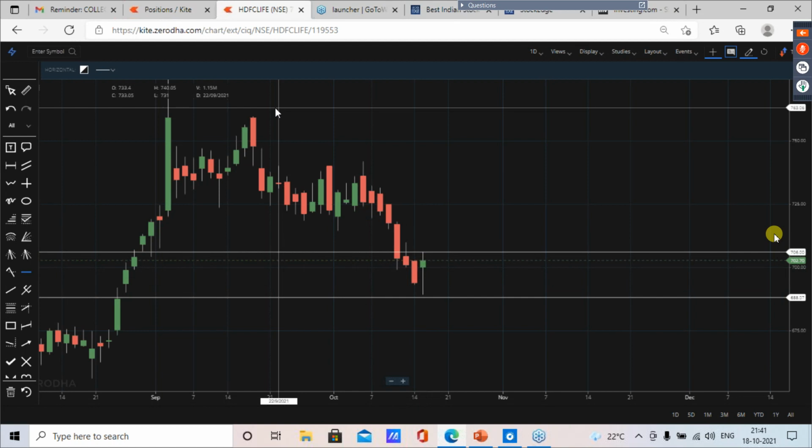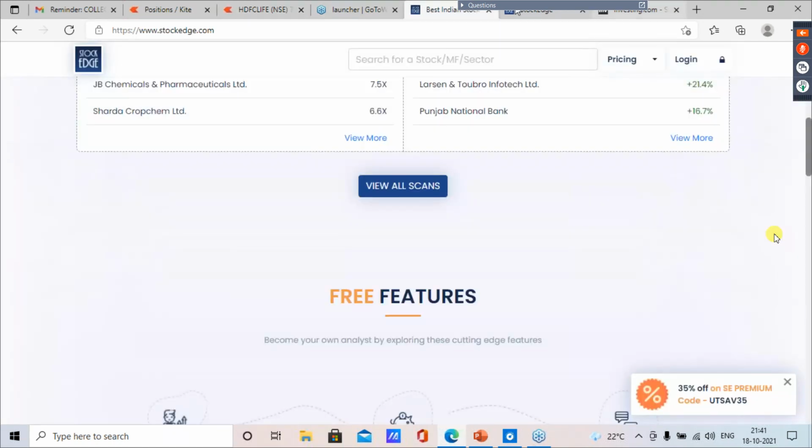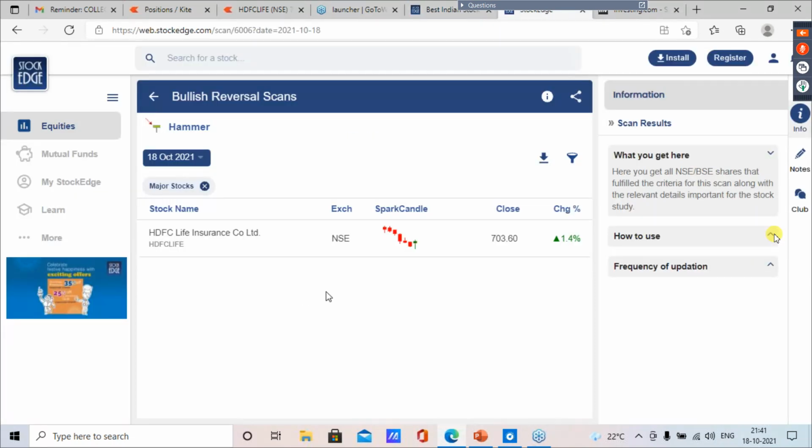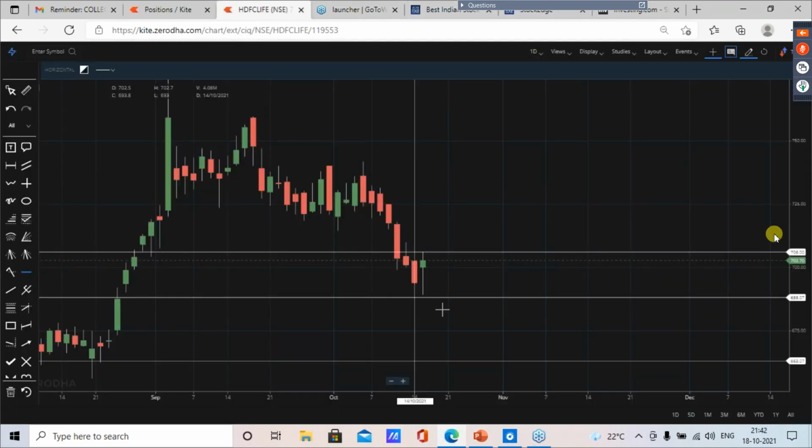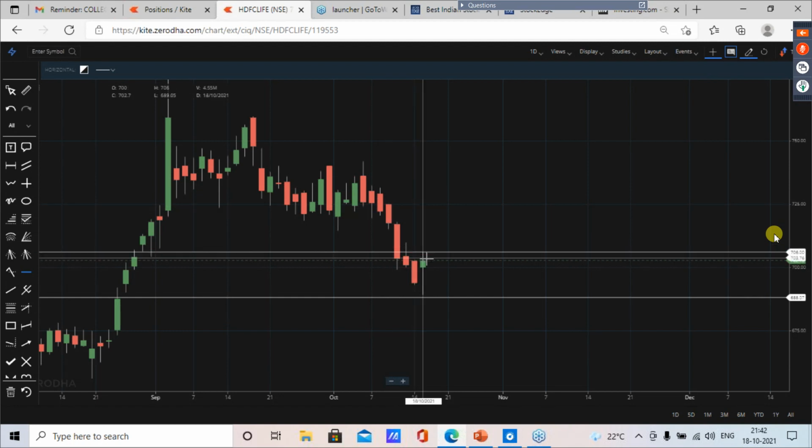First of all, based on the app, we got this information that there is a beautiful bullish hammer. What is the advantage of using this app? We cannot find candlestick patterns in each and every stock, right? It is a very tedious job. So we need somebody to do all the extra donkey work so that we can use this information peacefully. So this app gave you beautiful information that there is a bullish hammer formation in HDFC Life.